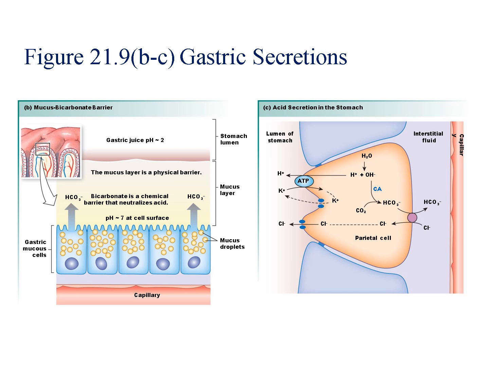Within parietal cells, carbon dioxide combines with water to form carbonic acid, which then dissociates into hydrogen ions and bicarbonate ions. The hydrogen ions are actively transported into the stomach lumen by a hydrogen-potassium pump, which uses energy in the form of adenosine triphosphate to exchange hydrogen ions for potassium ions.